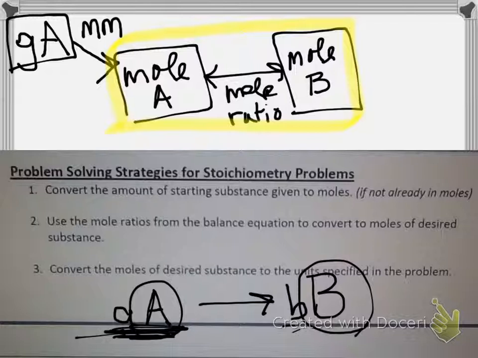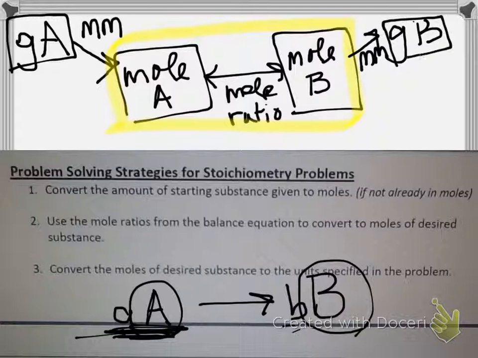And let's even go further. If I had calculated moles of B, couldn't I actually convert that to grams of B if I have the molar mass of B? Yeah. So if I've got moles of B, I can further convert that using molar mass to grams of B. Alright? So let's look at what we've done so far here.